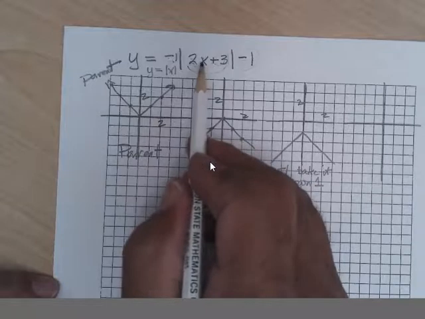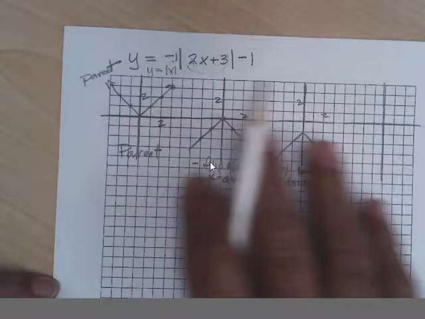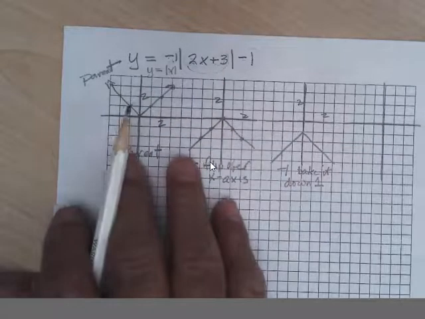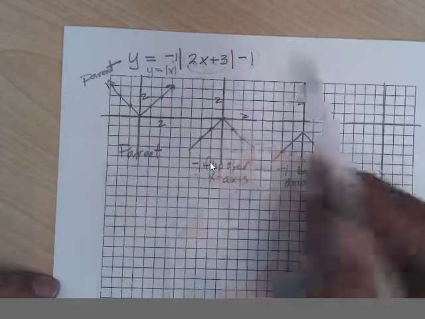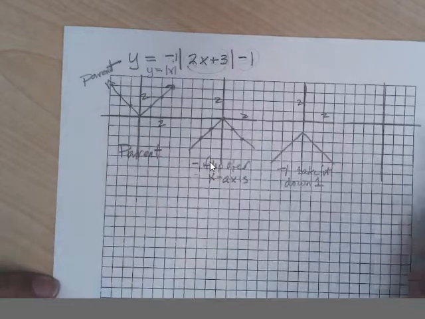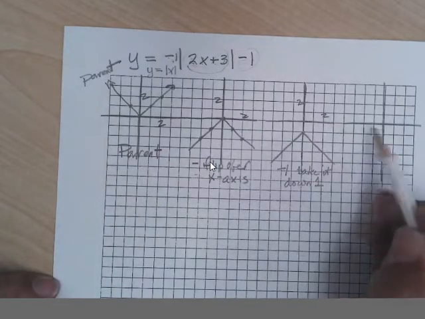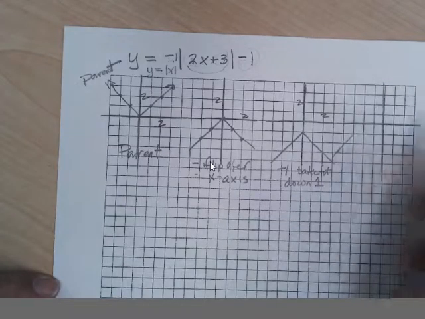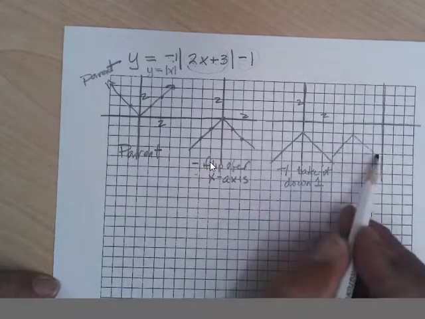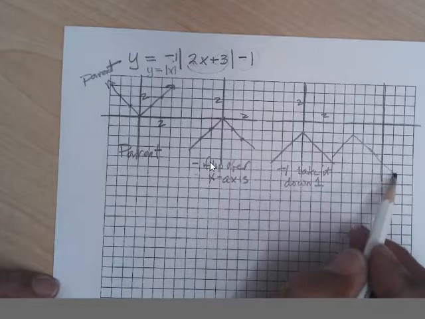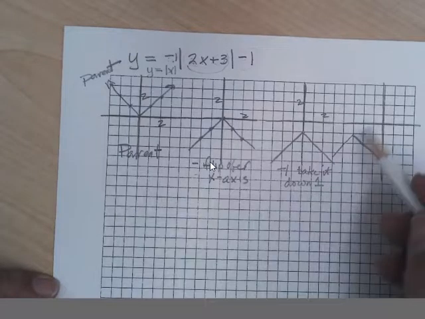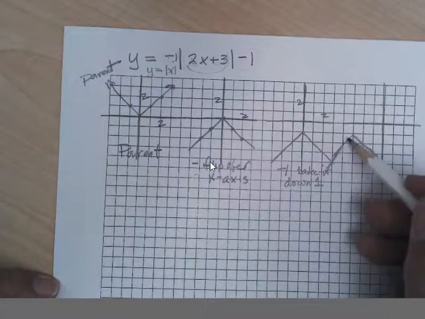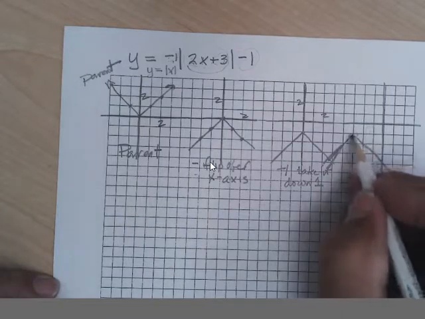Plus 3 inside on the x is a horizontal shift, a horizontal translation. A plus 3 takes it minus 3. So this curve gets moved from here to there. There.